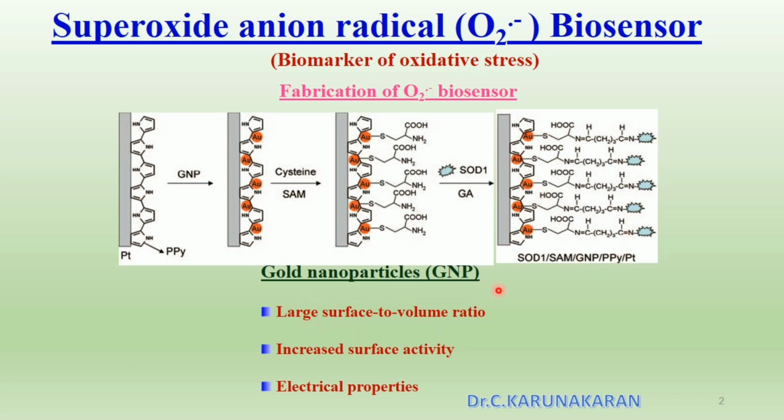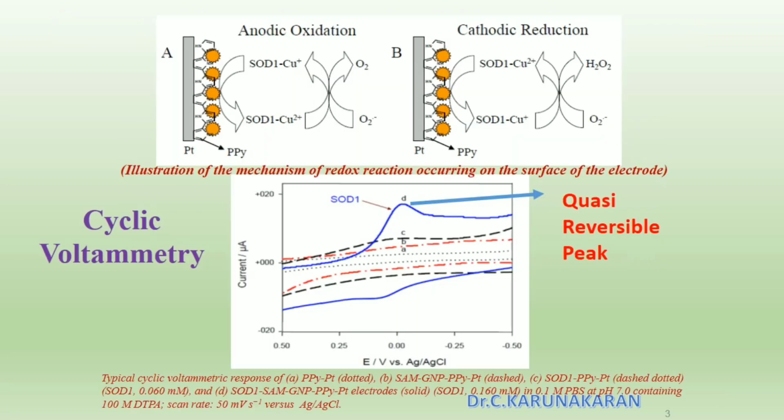And what are the advantages of gold nanoparticles? We have used gold nanoparticles to immobilize, to bioconjugate the superoxide radical enzyme. Large surface to volume ratio, increased surface activity, and electrical properties. They have high conducting power, therefore they have high current signal.